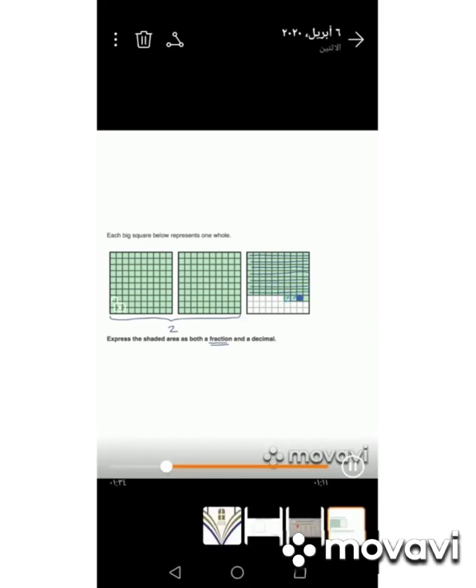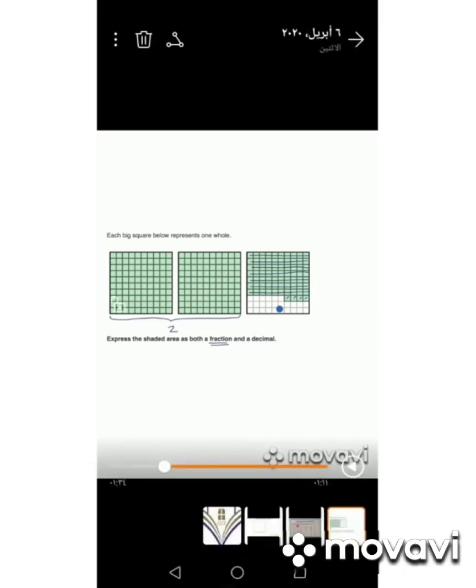Let's count. 1, 2, 3, 4. So we have 4 shaded squares more than 70. So our fraction now is 74 out of 100. So can we write it as a fraction? Yes, the fraction part is 74 over 100, and we read it as 74 hundredths.